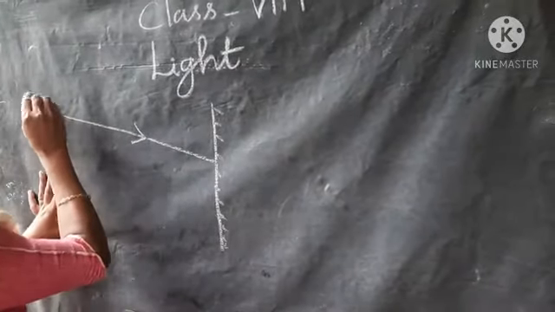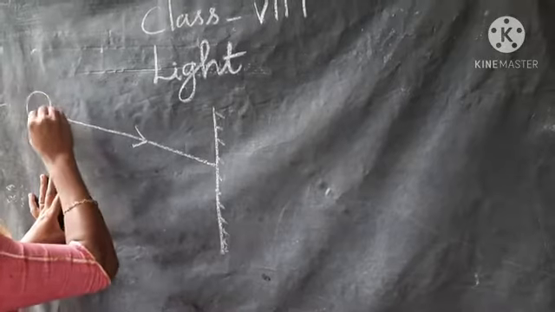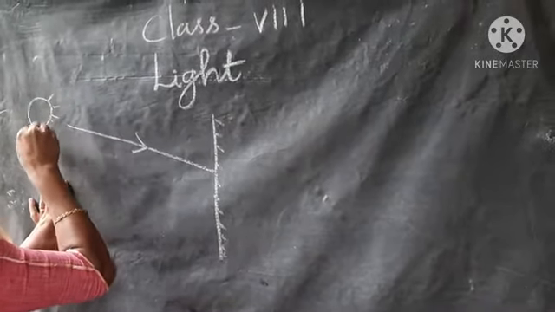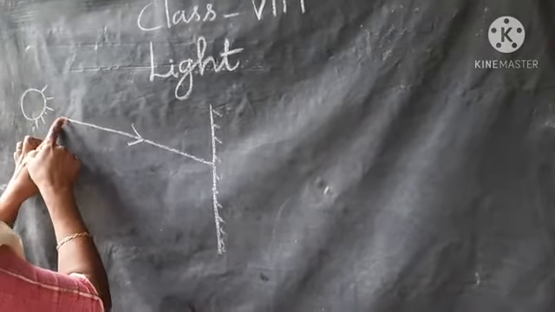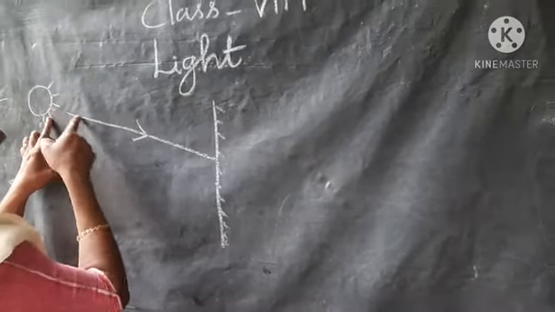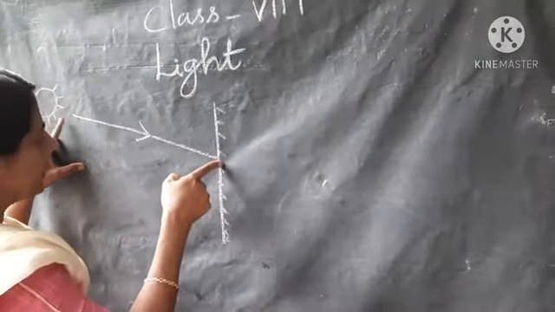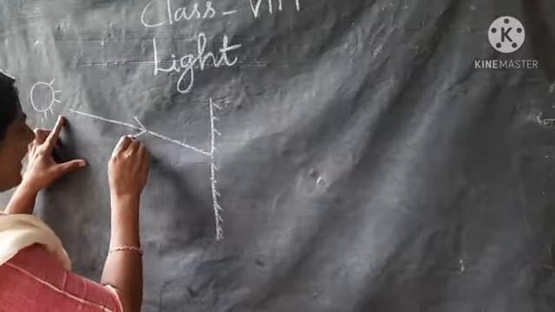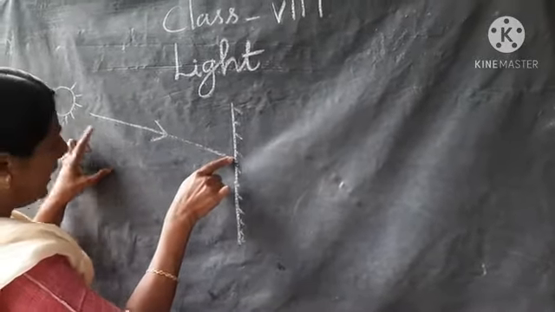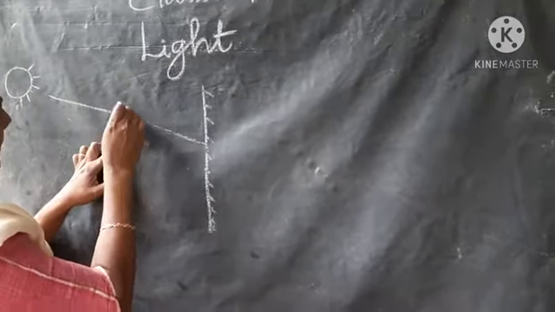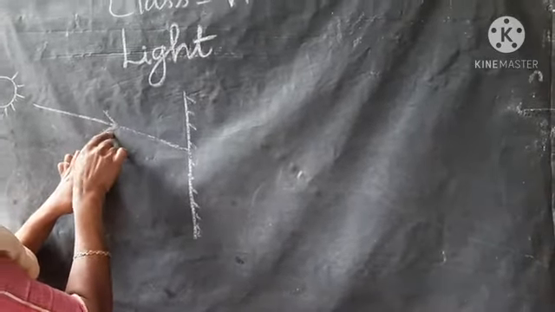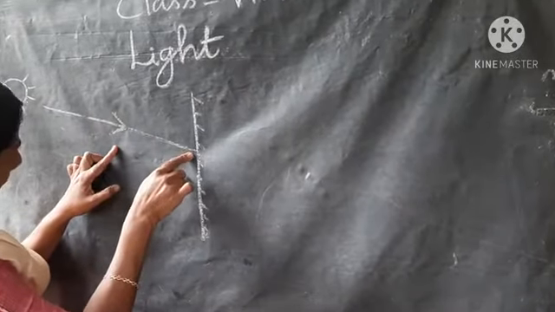For example, from the sun, a light is coming. The light ray which is coming from the object is called incident ray. So this ray is the incident ray, and you have to mark this arrow mark. It shows the direction of the light ray.